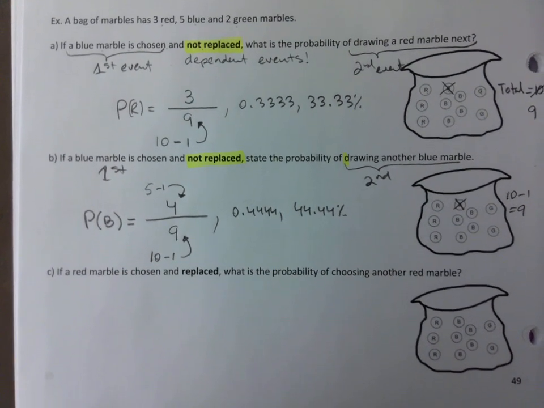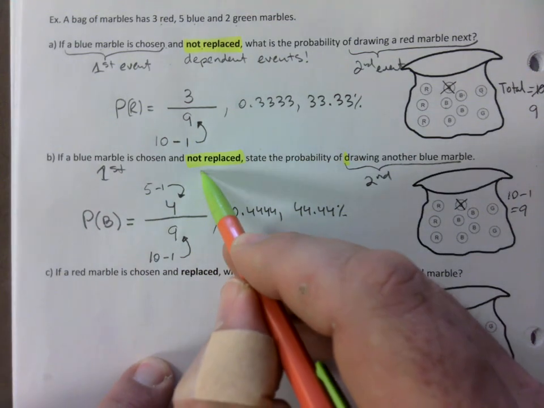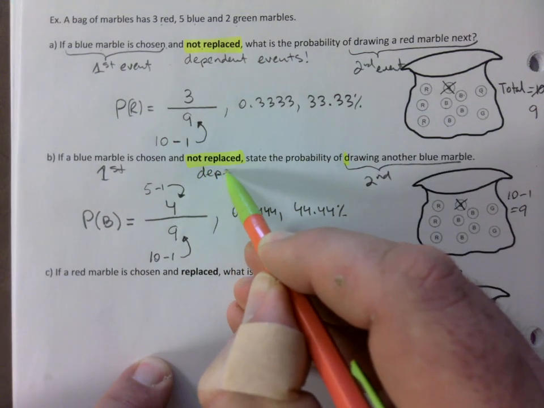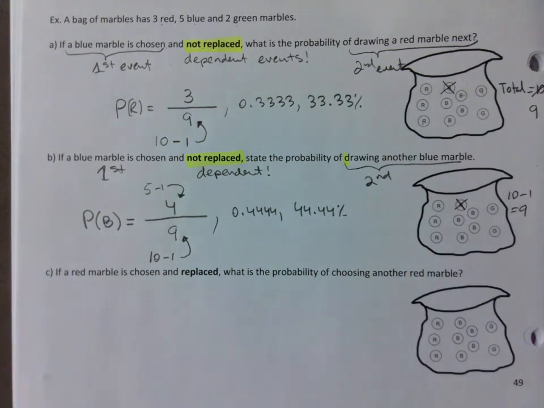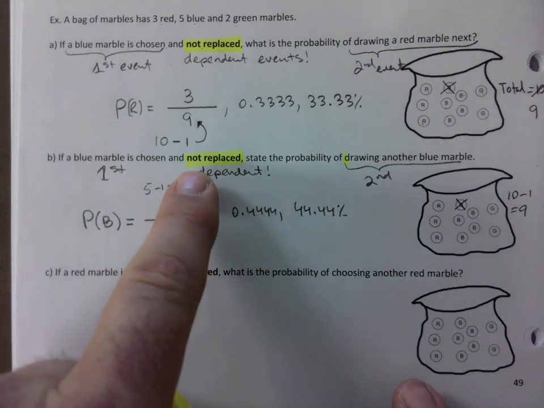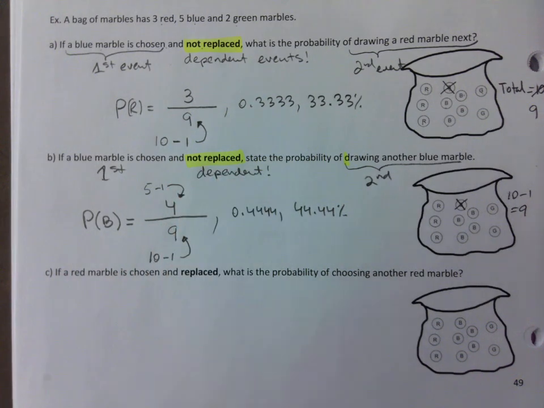Can we just add dependent events one more time here? Because that's dependent. That's the highlighter there. Folks, if it doesn't say not replaced, don't worry about what we're doing right now. It's only when it's not replacement. Sorry, what did I say? I feel like I just contradicted myself.